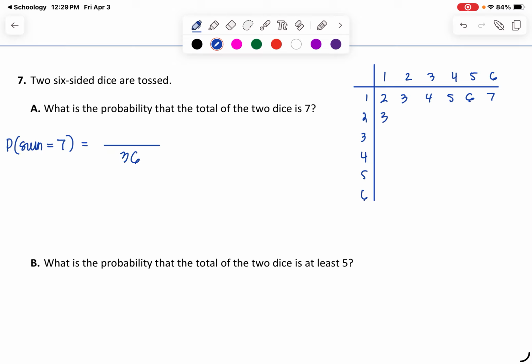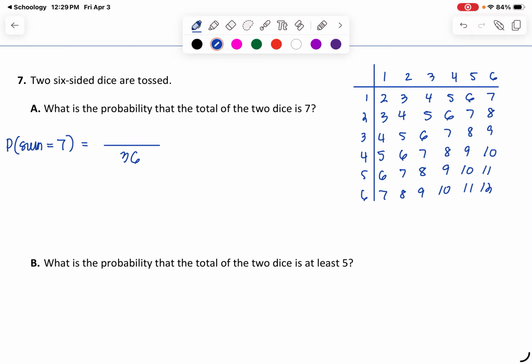The sum here is 3, 4, 5, 6, 7, 8. 4, 5, 6, 7, 8, 9. So fun. 5, 6, 7, 8, 9, 10. I could have just Googled a picture. 6, 7, 8, 9, 10, 11. But I missed out on the fun. 7, 8, 9, 10, 11, 12.